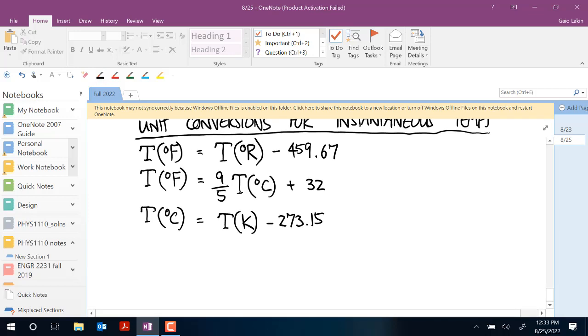Okay, so now how about conversions for changes in temperature?